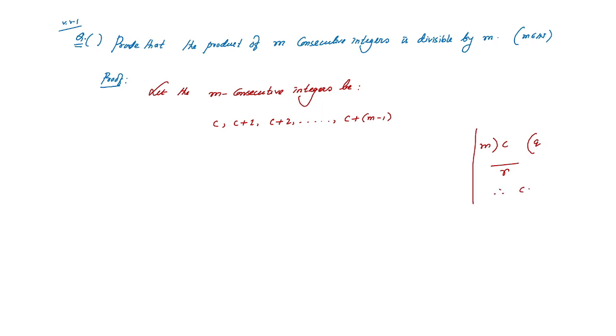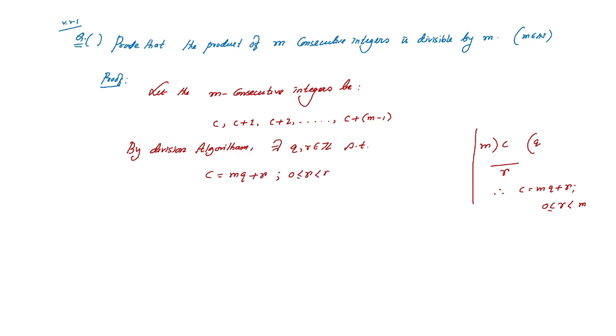So by the division algorithm, there exist integers q and r belonging to Z such that c equals mq plus r, where 0 is less than or equal to r, which is less than m.